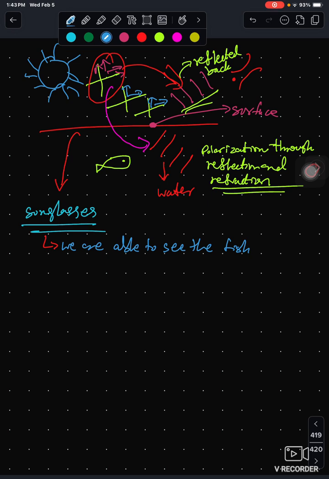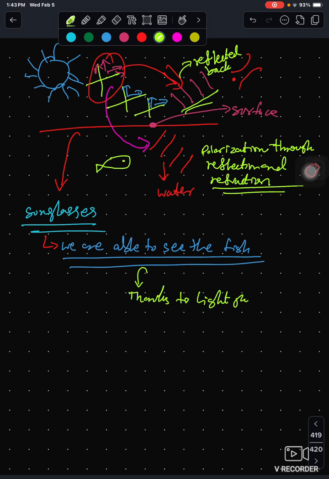How are we able to see the fish? Thanks to light polarization.